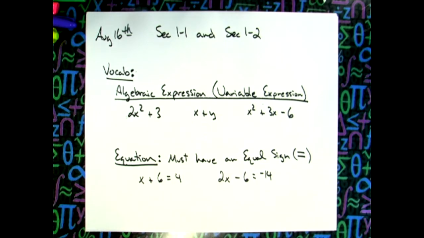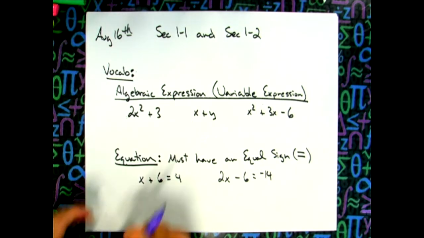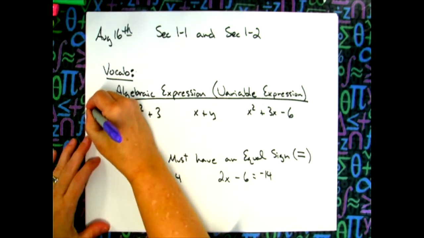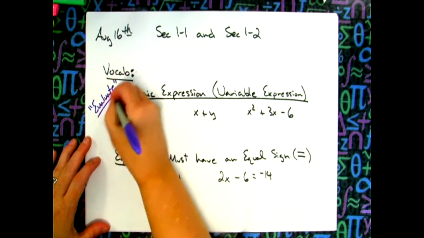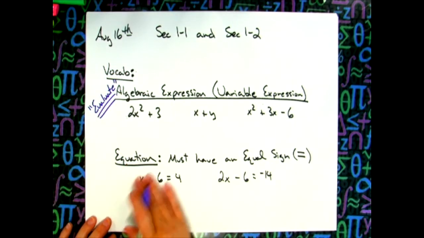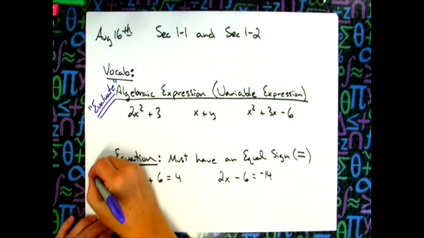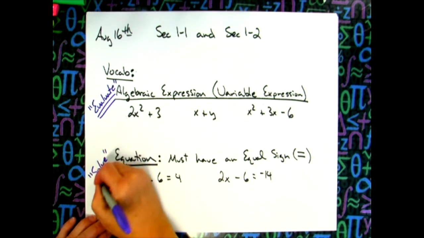Okay, now let's add a little bit more here. What color would be a good color? Let's go with this one. Over here, I want to put the word evaluate. And then over here with equation, I want to put the word solve.